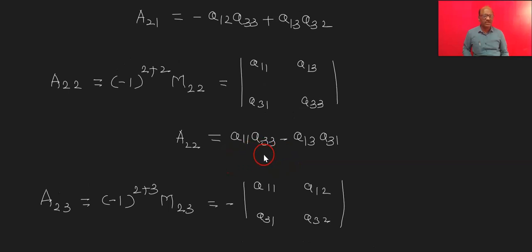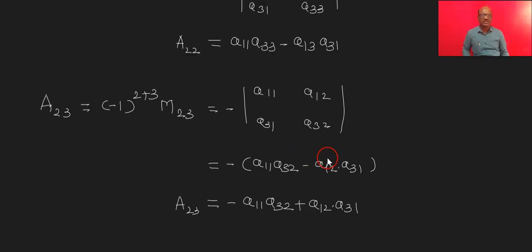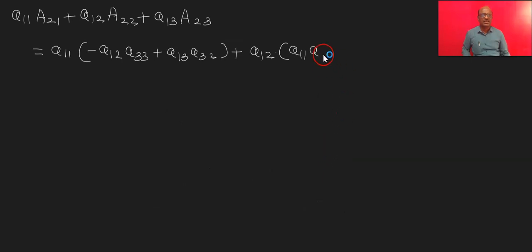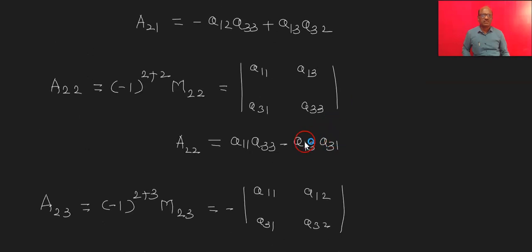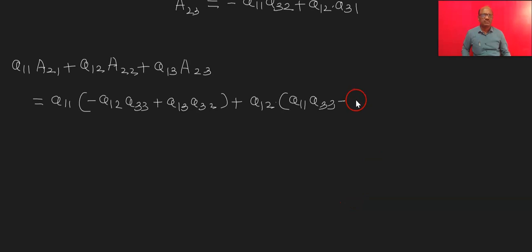That is a11, a13. Here is a11 and next is a33 minus a13 a31, and the last is a13 A23.